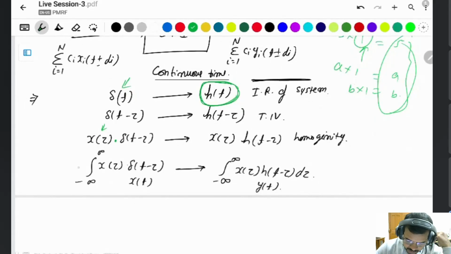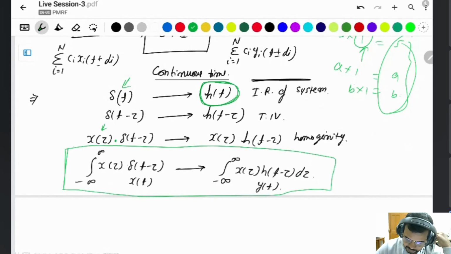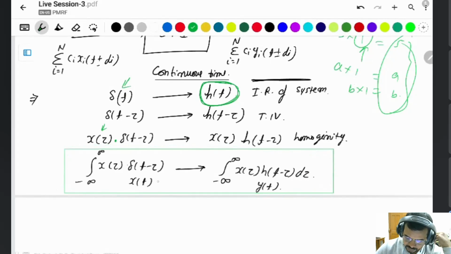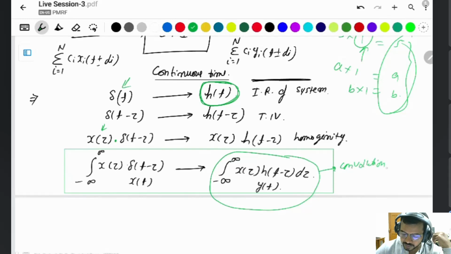This form is known as the convolution. Given some input, it is processed by the system and gives some output. That's what is known as the convolution. Then how will we find the convolution?